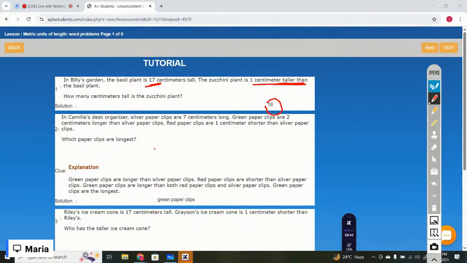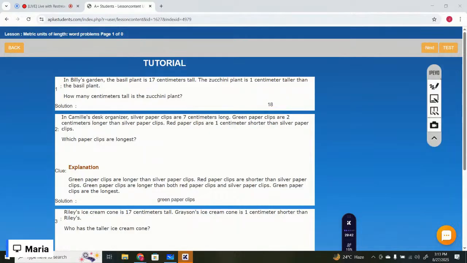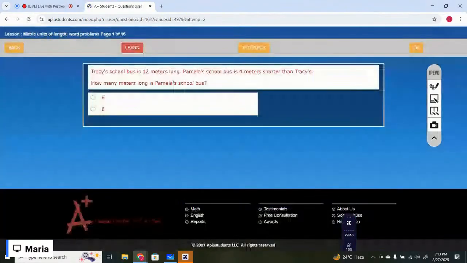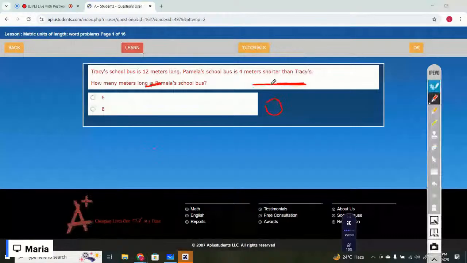Let's just start with the test questions. Tracy's school bus is 12 meters long. Pamela's bus is 4 meters shorter than Tracy's. How many meters long is Pamela's school bus? Tracy's bus is 12 meters long. Pamela's school bus is 4 meters shorter, so you need to subtract 4 from it.